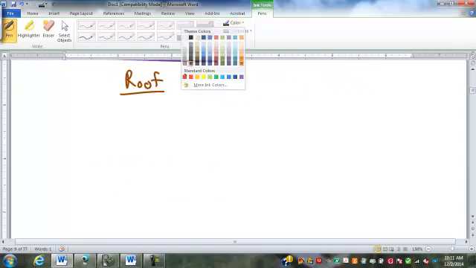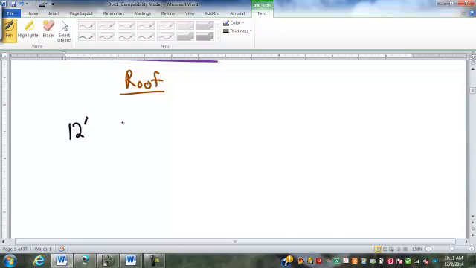Well, let's say I have a beam that spans 12 feet. First thing I have to do is convert that into inches. So that's 144 inches. And let's say that this is a roof beam with a commercial installation without plaster. So we're using an L over 240 condition.